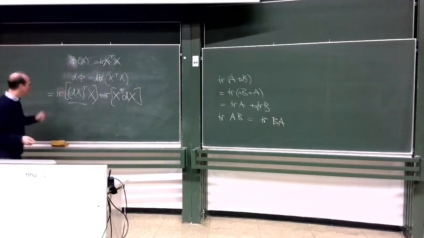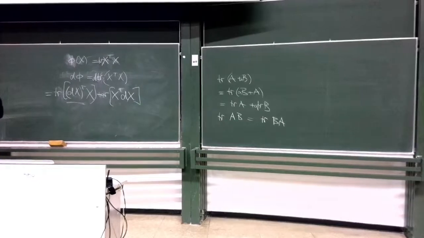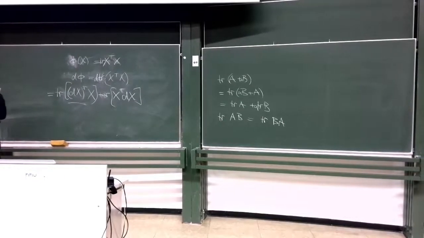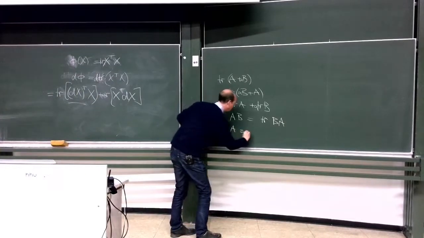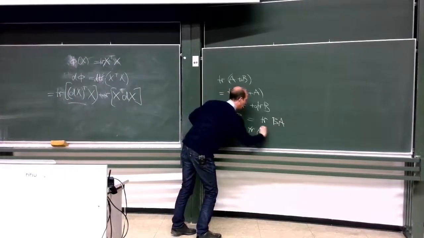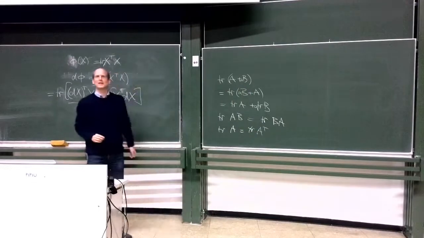But let's see, does it help me already? Okay, I need another one. I also need the trace of A is equal to the trace of A transpose. That's another one I need.